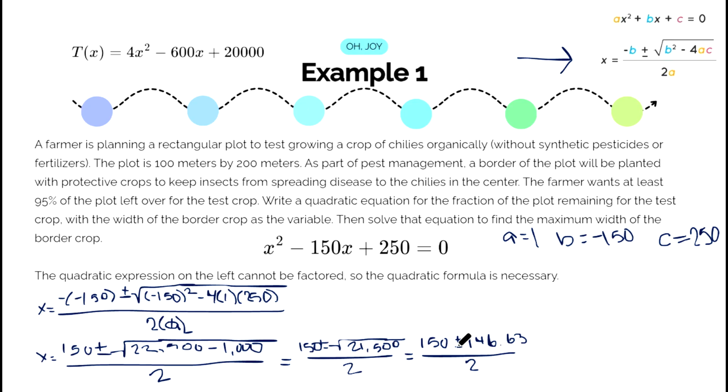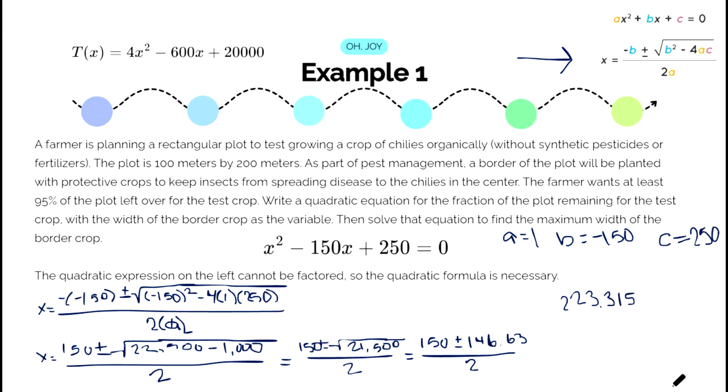So what we're going to do is go 150 plus 146.63, which is 296.63, and we're going to divide that by 2, and that's going to give us our first answer, which is 223.315.